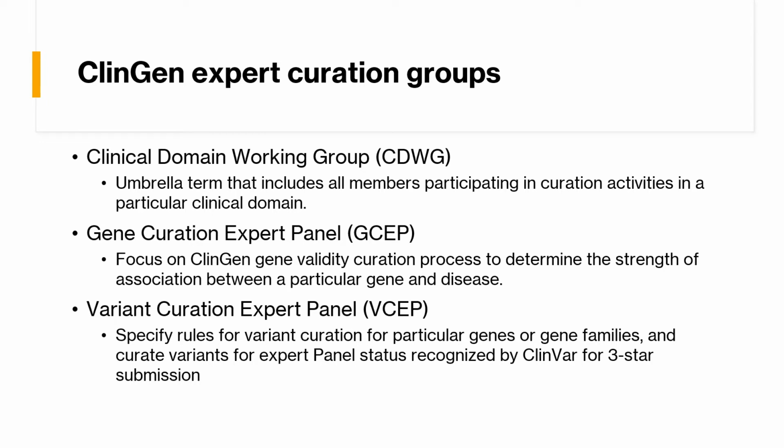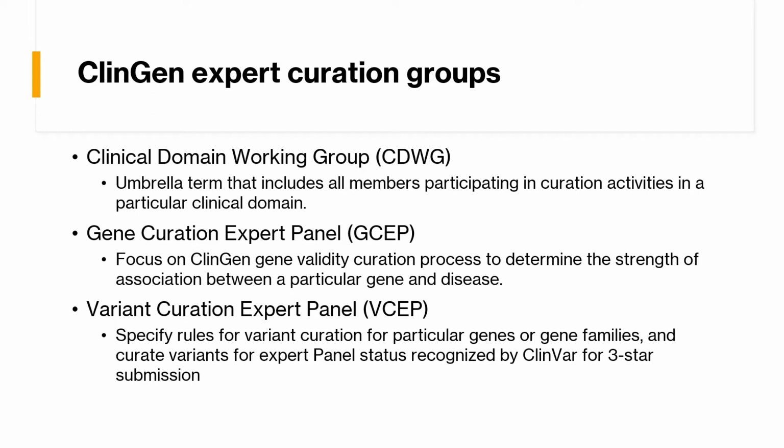The expert curation groups use three acronyms that I'll say frequently, so I want to familiarize you with these. At the broadest level, the curation ecosystem is organized by overarching clinical domains, such as cardiovascular disease, hereditary cancer, neurodevelopmental disorders, and so forth. Each clinical domain is led by an umbrella group called a Clinical Domain Working Group, or CDWG.